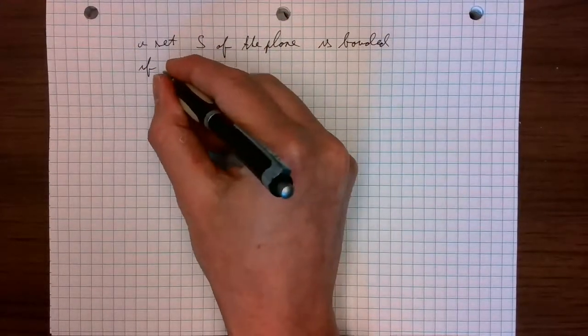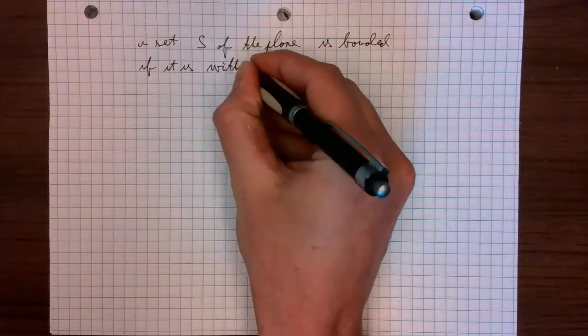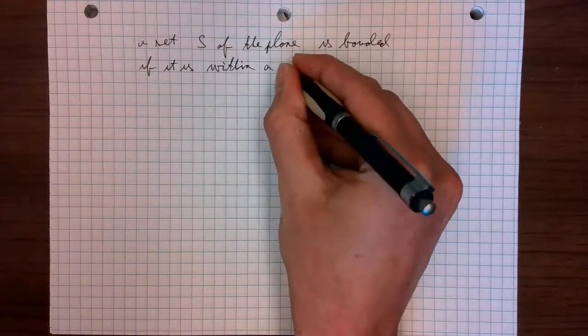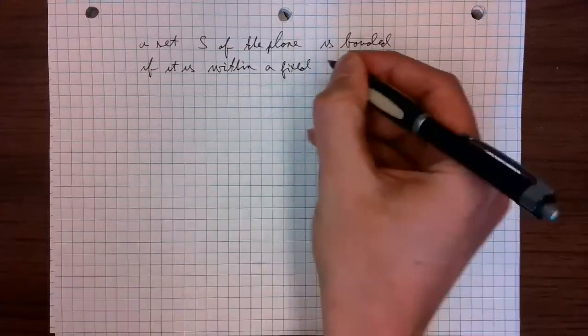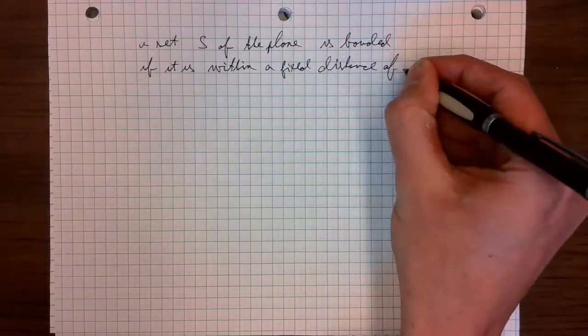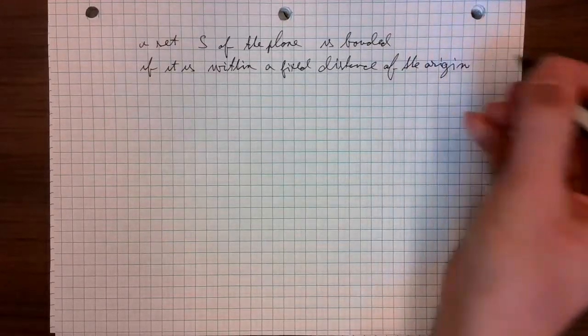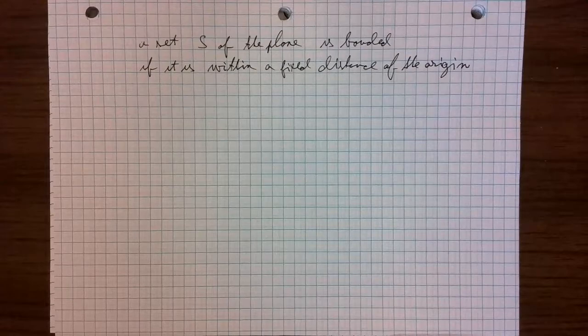If it is a fixed distance of the origin, that means it does not go to infinity.